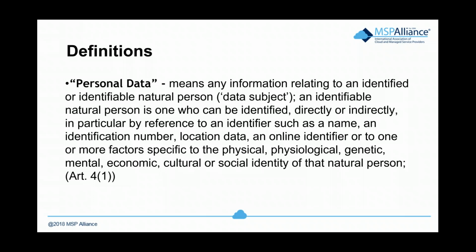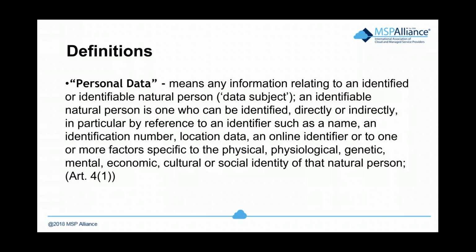And it includes things like an online identifier. So, a screen name for social media is personal data under GDPR, whereas that would not be personally identifiable information in the U.S. It also includes one or more factors specific to physical, physiological, genetic, mental, economic, cultural, or social identity.